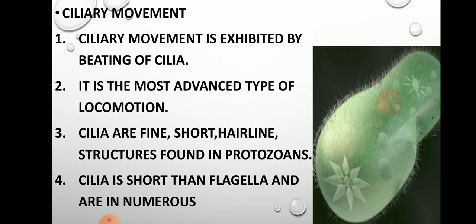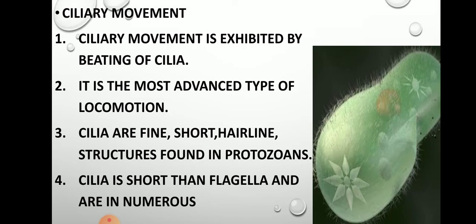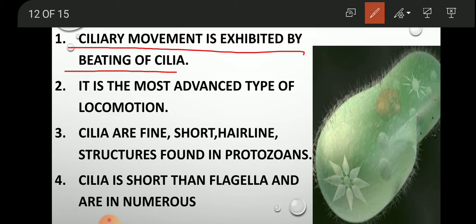So the next movement is ciliary movement. This is the very easiest type of movement and an advanced type of movement in protozoans. Ciliary movement is exhibited by beating of cilia. When the cilia beats, beating means moving.